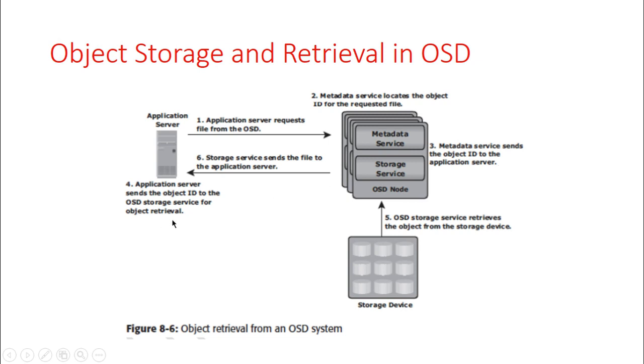Step 4, the application server sends the object ID to the OSD storage service for object retrieval. Step 5, the OSD storage service retrieves the object from the storage device. And lastly, step 6, the OSD storage service sends the file to the application server. So this is the object storage and retrieval in OSD.